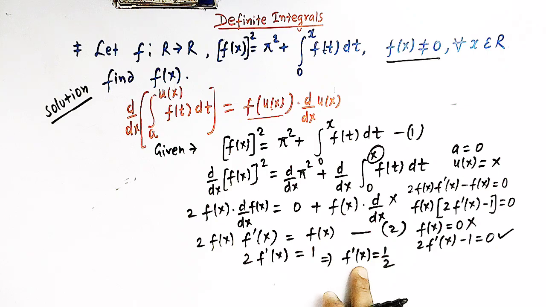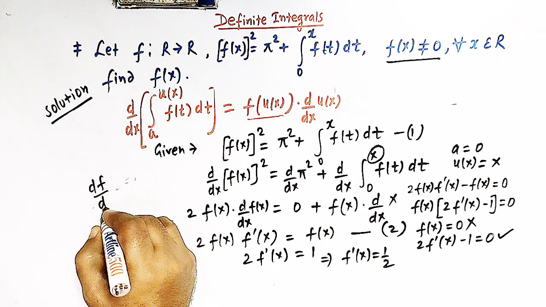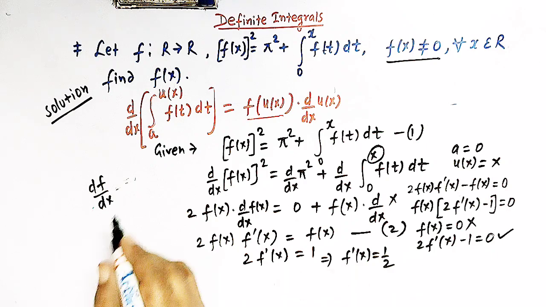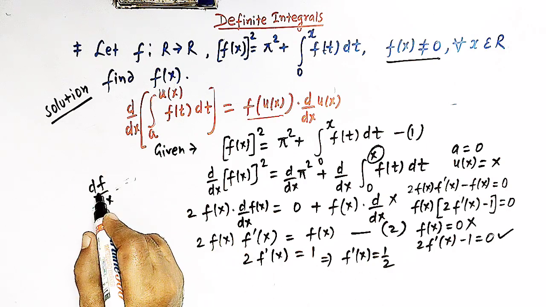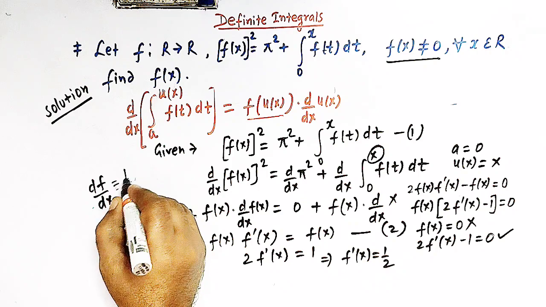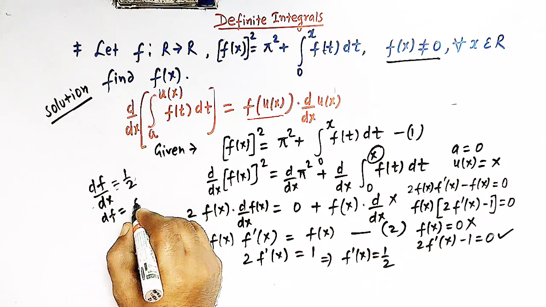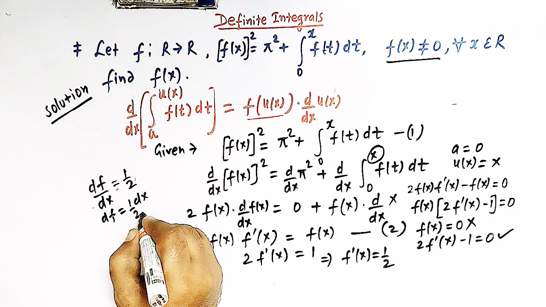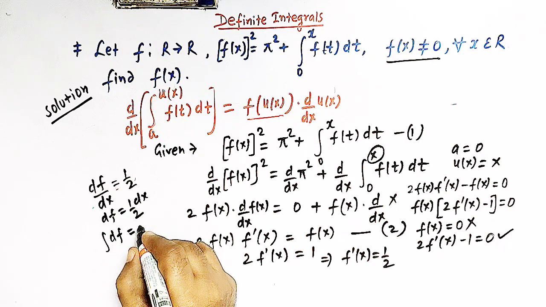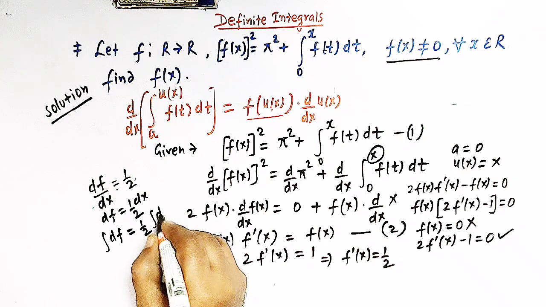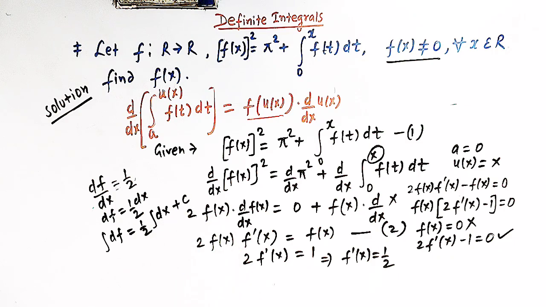So now we can write this equation as df over dx. For f of x, we are taking the notation simply f, and here we have half. So we can write df is equal to half dx, and integrating both sides, we have integral df is equal to half integral dx plus c, where c is the constant of integration.